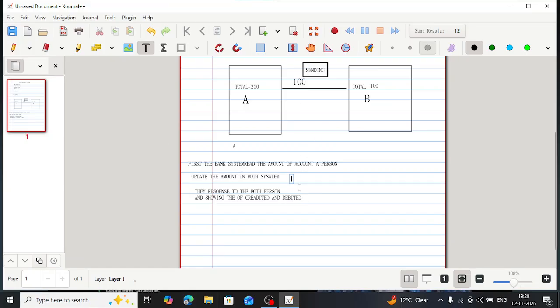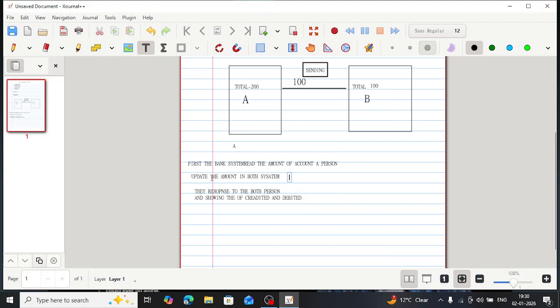If any of these steps is not performed, or any of these steps has an error, what happens?